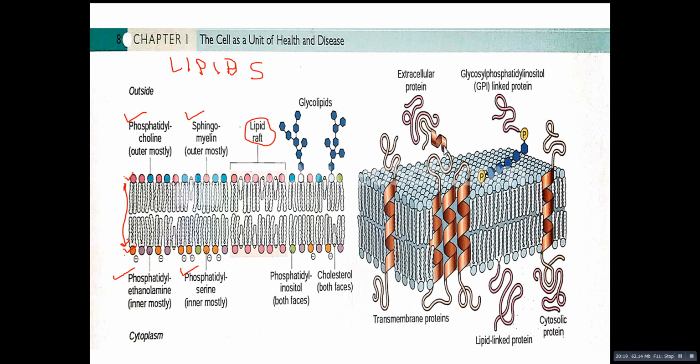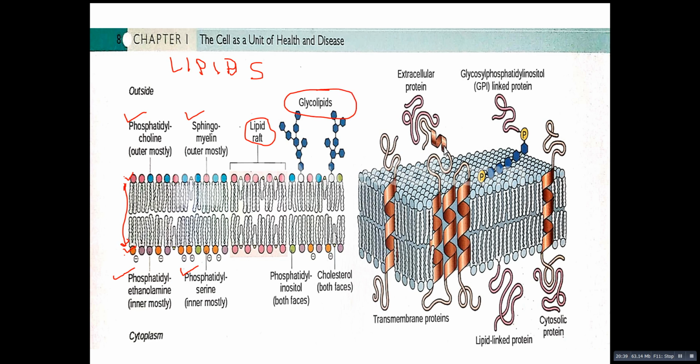On the outer side, we also have glycolipids. And there are two more, phosphatidylinositol, which are present both on the inside as well as outside, and we have cholesterol, which are present again on inside and outside.